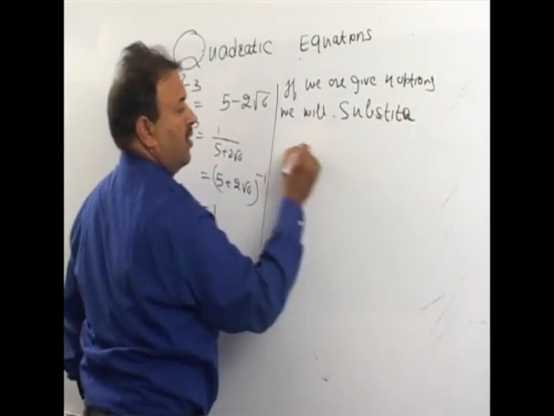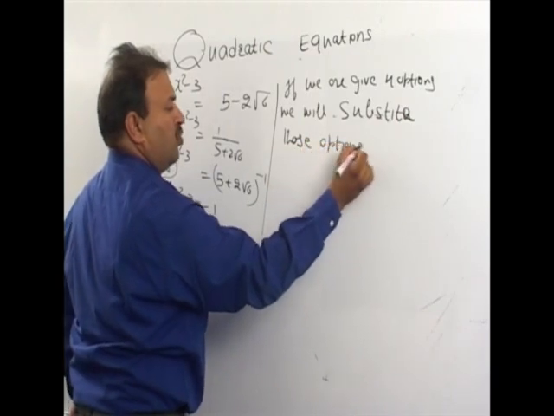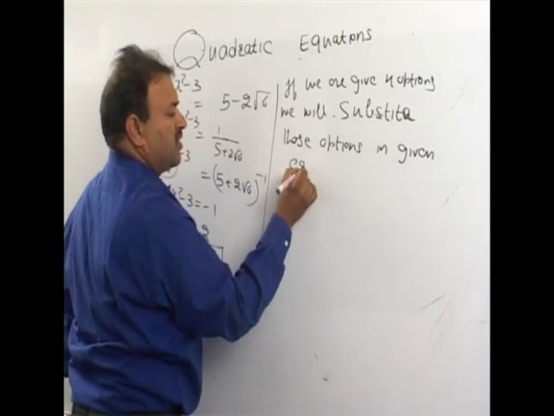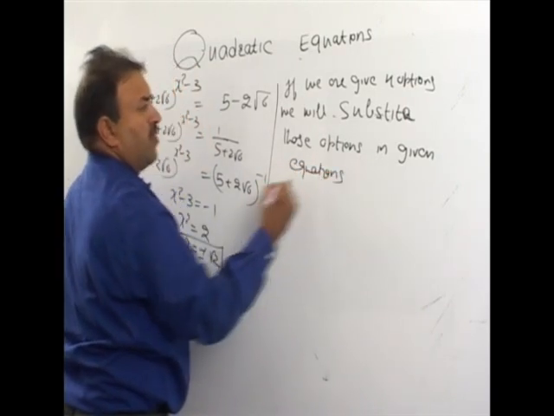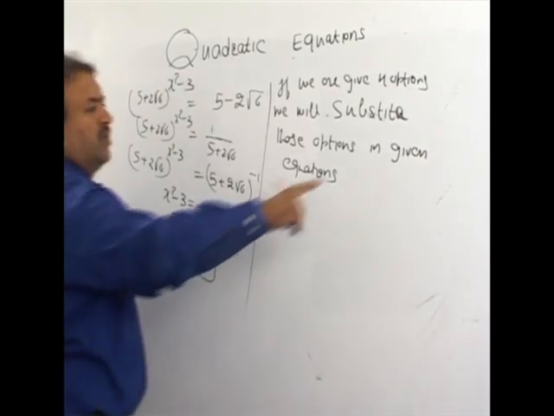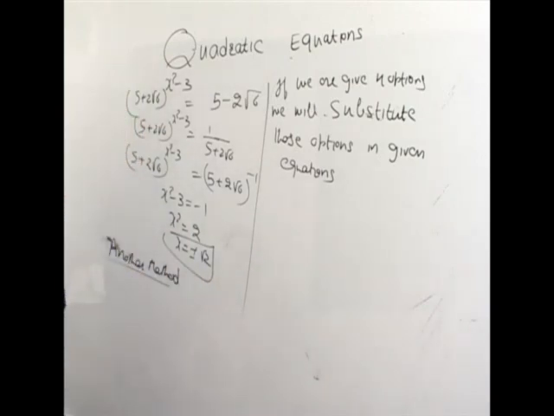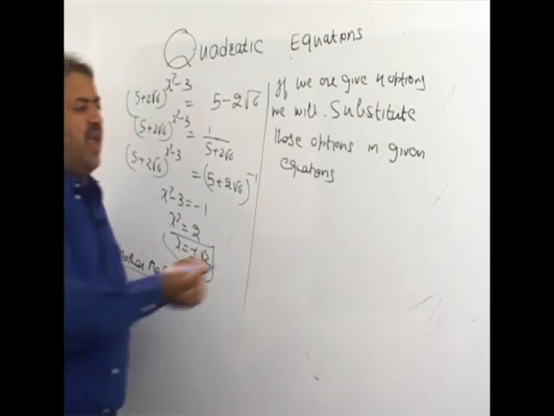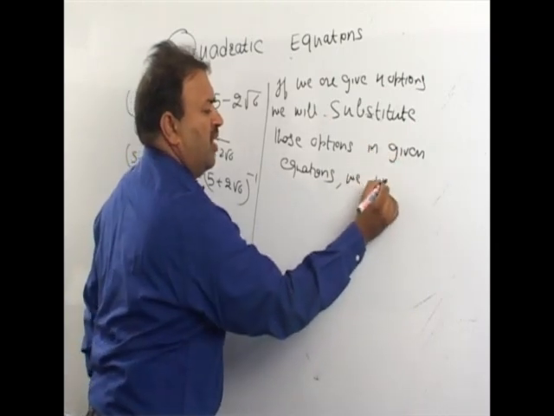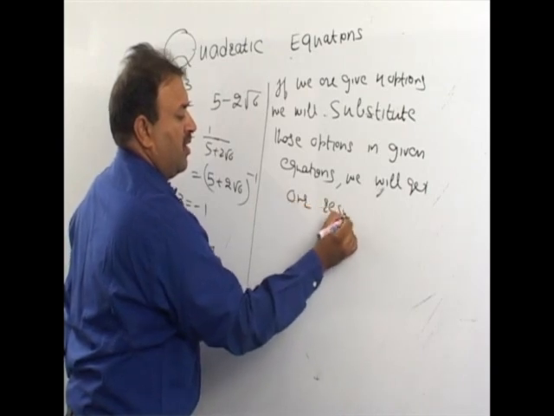If we are given 4 options, we will substitute those options in the given equation, and we will get our result.